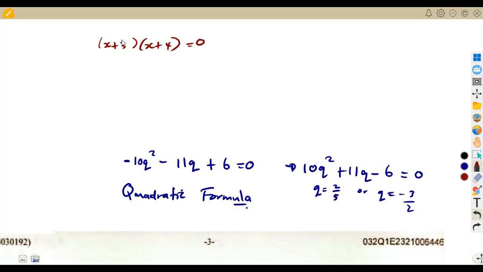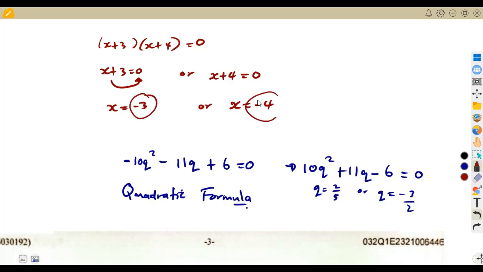Each of these brackets must be equal to 0. X plus 3 must be equal to 0, or x plus 4 must be equal to 0. Then you take this to the other side, it becomes a negative 3. Or you take the 4 to the other side, it becomes a negative 4. So we want to do a reverse from these solutions that we see here back to these brackets. That is what you just want.